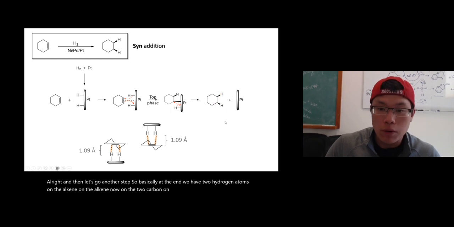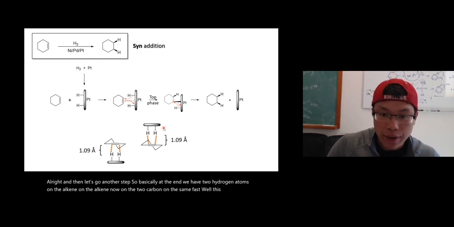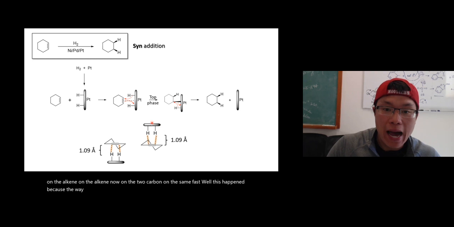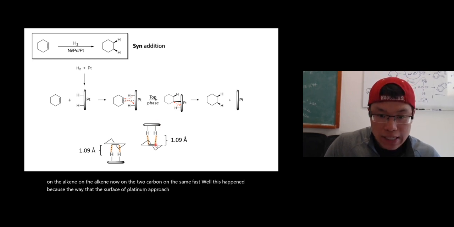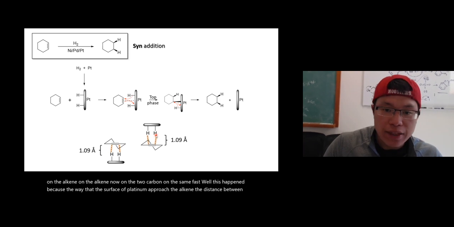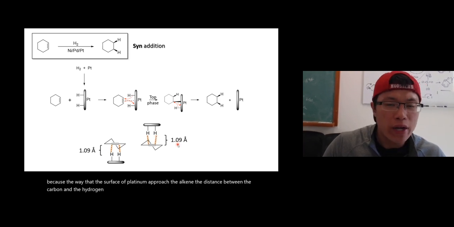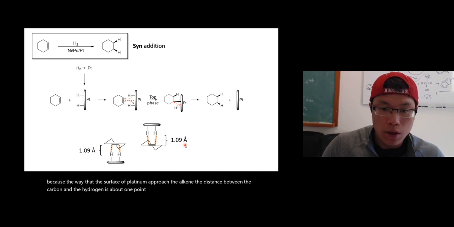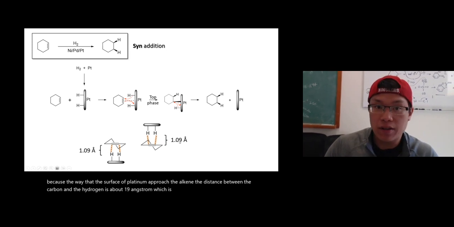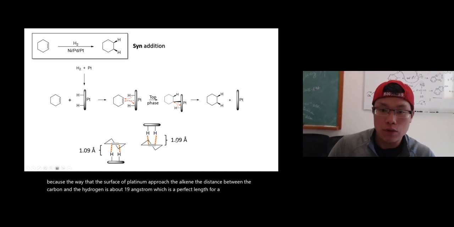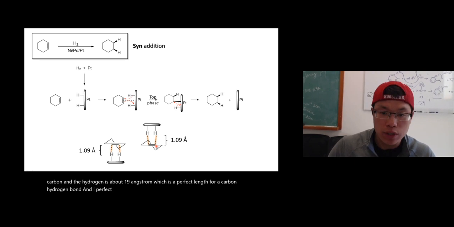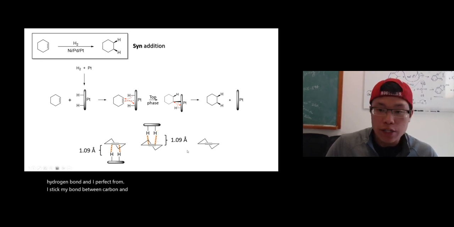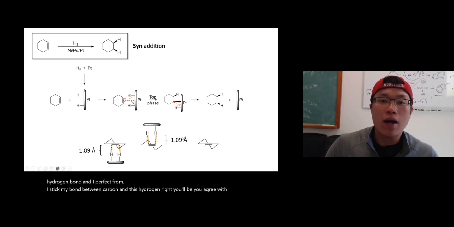On the same face. This happened because of the way the surface of platinum approaches the alkene: the distance between the carbon and the hydrogen is about 1.09 angstrom, which is a perfect length for a carbon-hydrogen bond, perfect to form a sigma bond between carbon and this hydrogen. You agree with me, right?